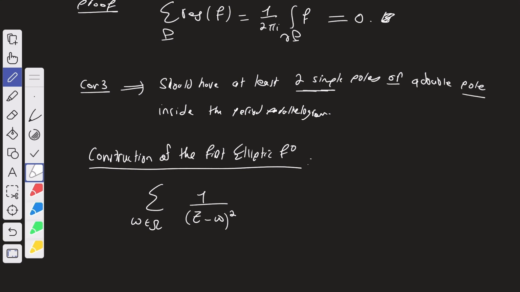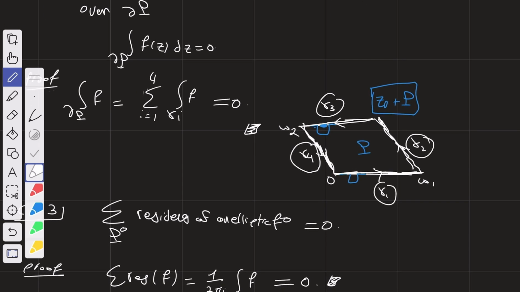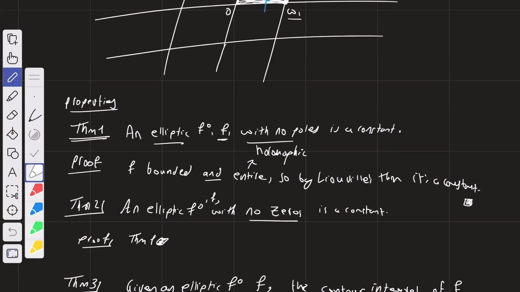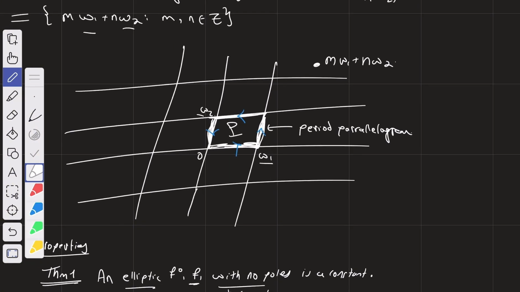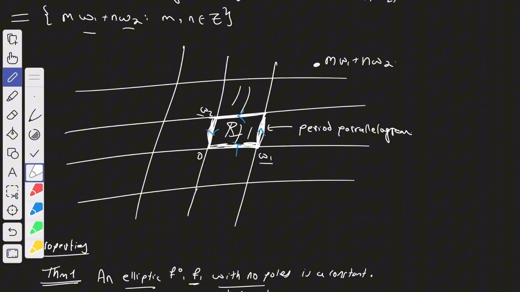now I should stress here that having a pole in this period parallelogram necessitates the existence of a pole in every period parallelogram, because by periodicity the values of f here are equal to the values of f here. So if it has a pole within this parallelogram, it has a pole in every parallelogram, and thus the function we construct should satisfy this.